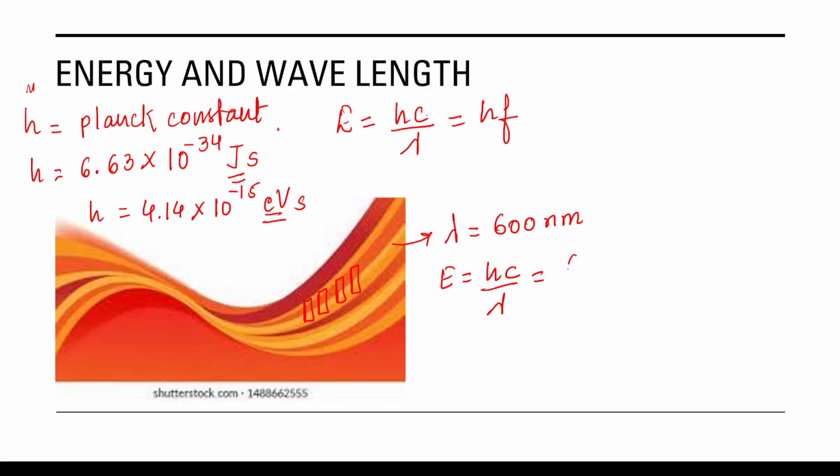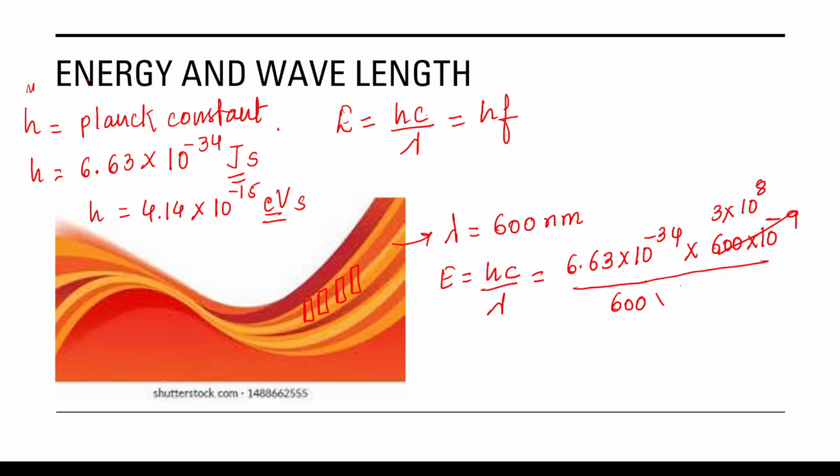So if I plug in the value of the constant, times the wavelength in nanometers, when you convert nanometers to meters, it is 10 to the power minus 9. This one is the speed of light, 3 times 10 to the power 8. And the wavelength is in the denominator, 600 times 10 to the power minus 9.